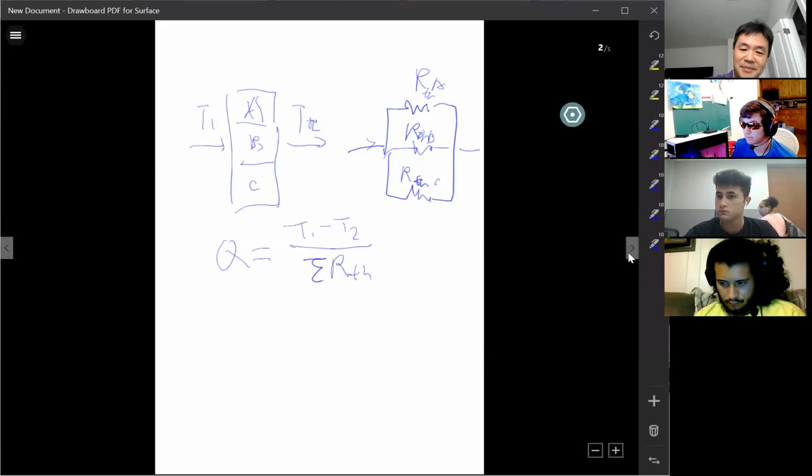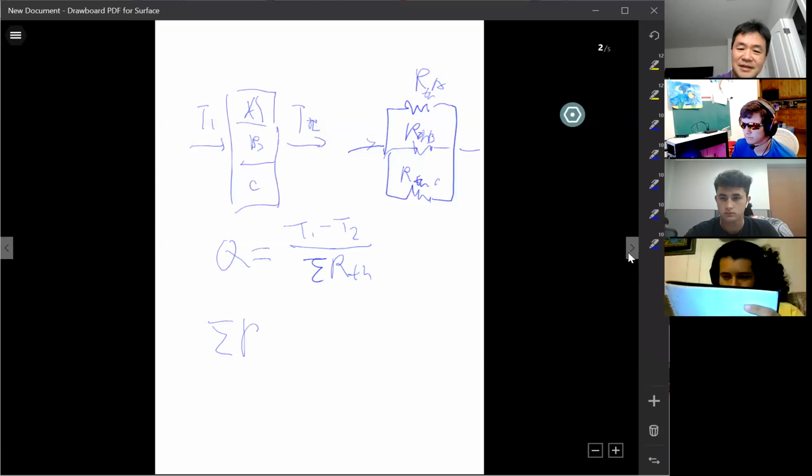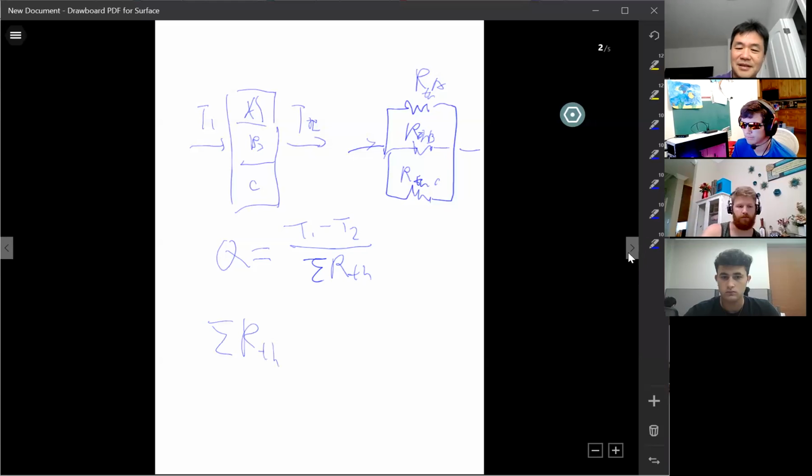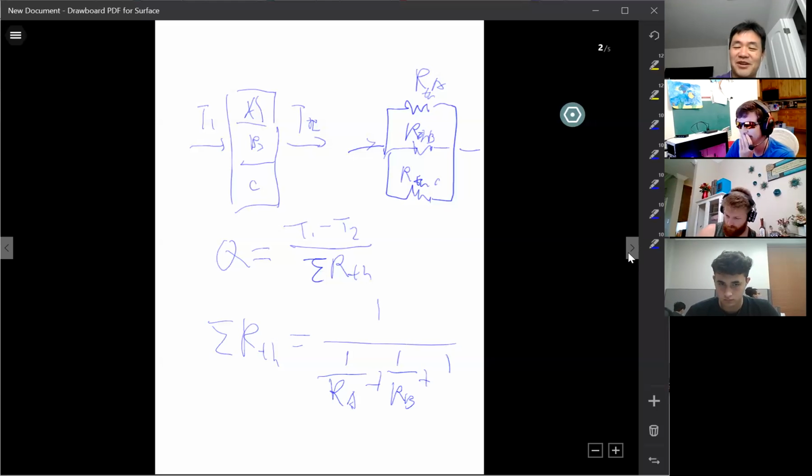So in parallel, one over RA, one over RB, and so on. So 1 over R, yeah, it's this, right? If you remember it from circuits class, does that look familiar to you? I think you did a lot in circuits class. You probably forgot, right?